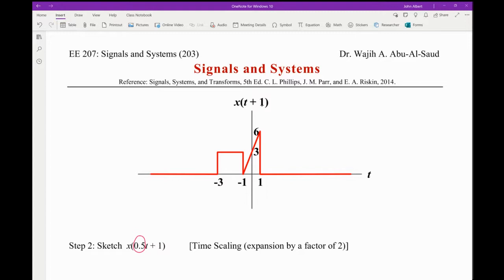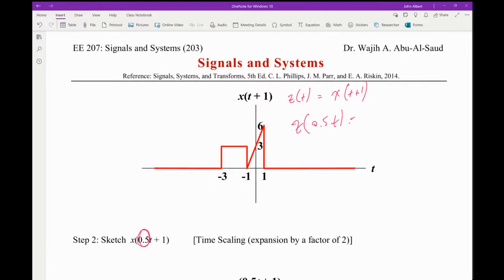Think of this signal as z of t. We want now not to sketch z of t, but we want to sketch a scaled version of time with respect to z of t. We want to sketch z of 0.5 t. If z of t is equal to x of t plus 1, then what is z of 0.5 t? Wherever you see t, remove it and replace it with 0.5 t.